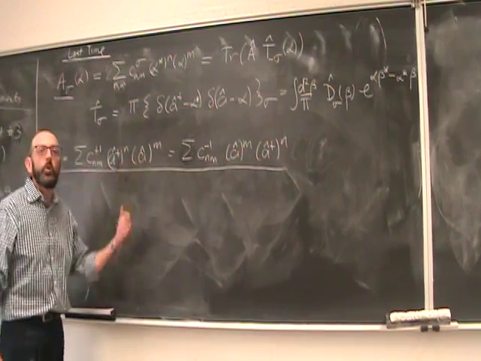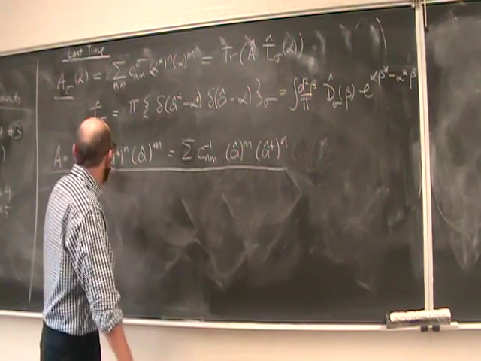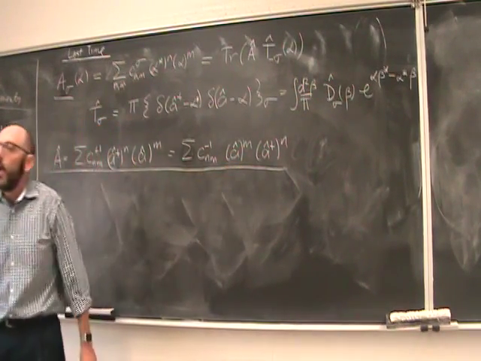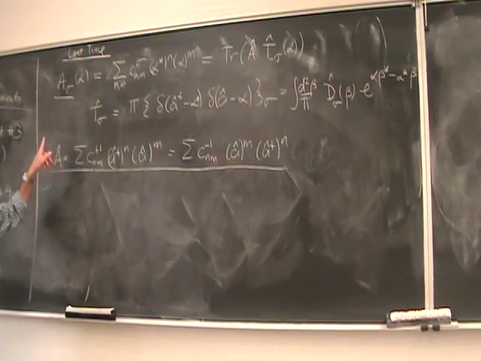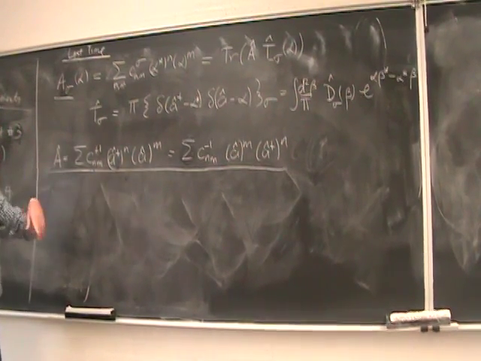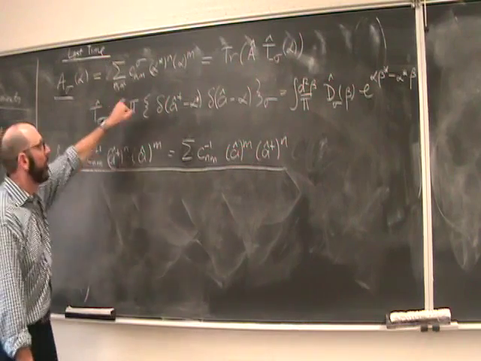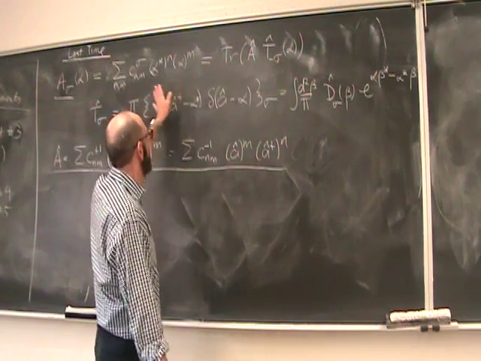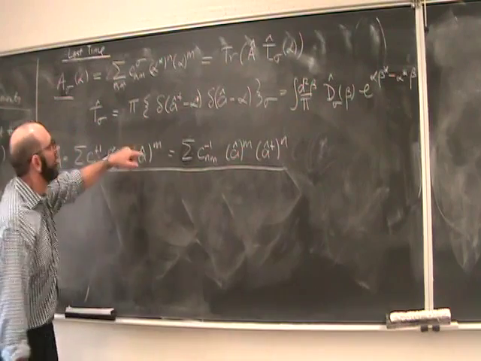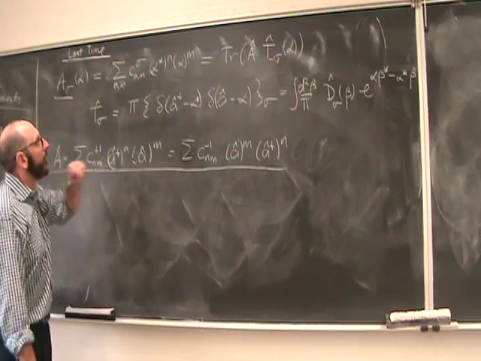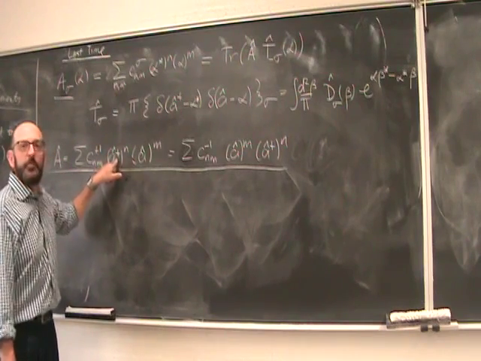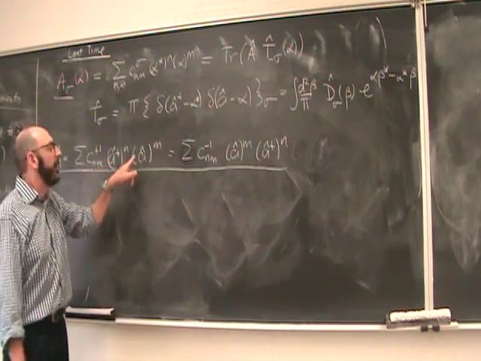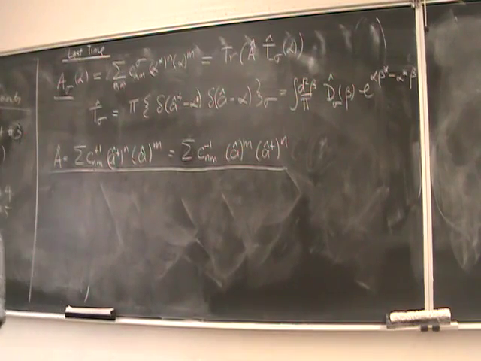This is a normally ordered power series, and this is an anti-normally ordered power series. The representations that correspond to them are obtained by making the substitution that A dagger goes to alpha star and A goes to alpha, okay?